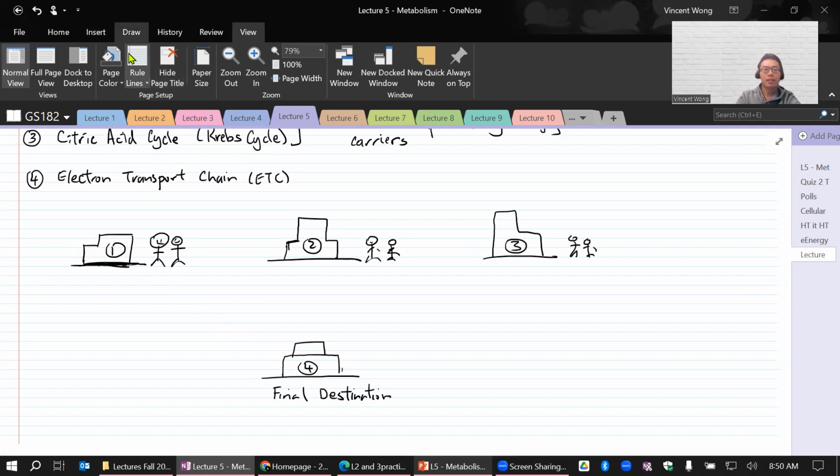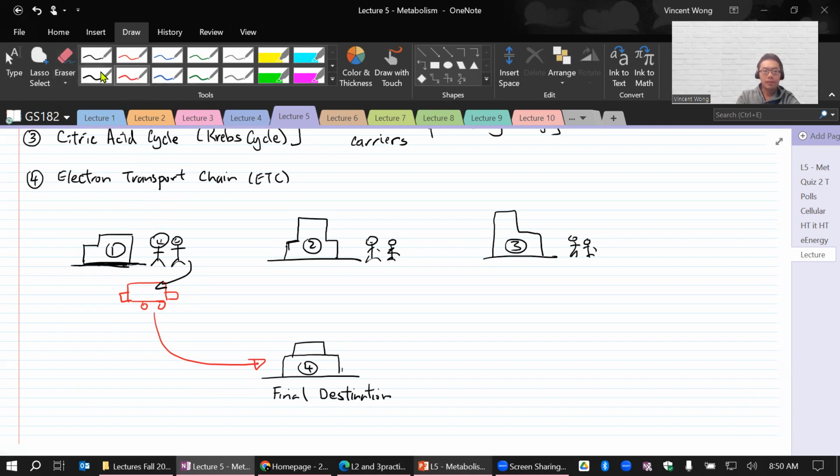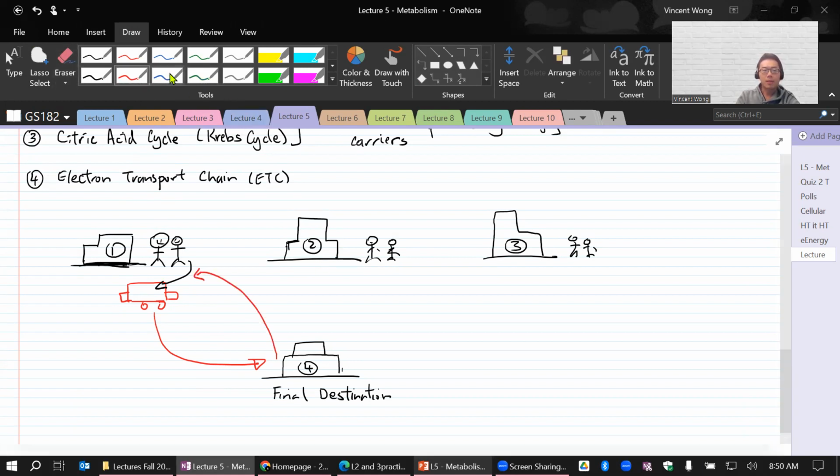So what do you do? Well, you can call a taxi, right? Or like an Uber, I guess. So there's going to be a taxi that comes, right? The people get on, and then the taxi will transport them to the final destination. Okay, and then the people get off, and then the taxi goes back and picks up more people, right? So same thing over here.